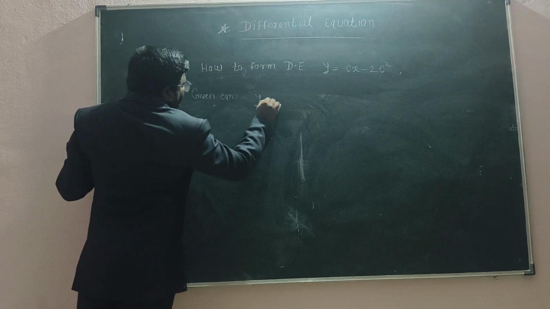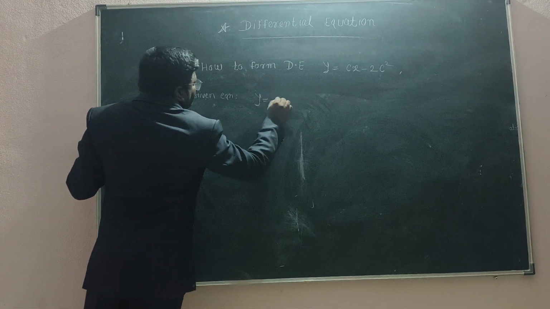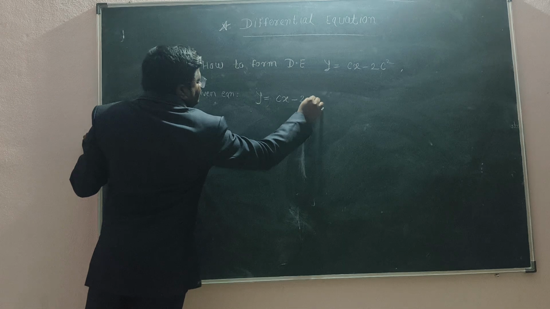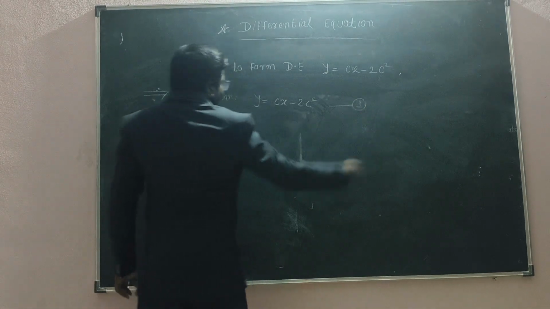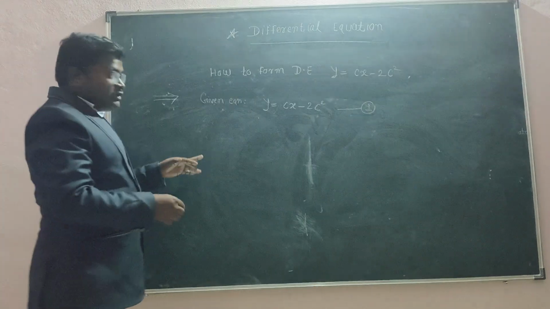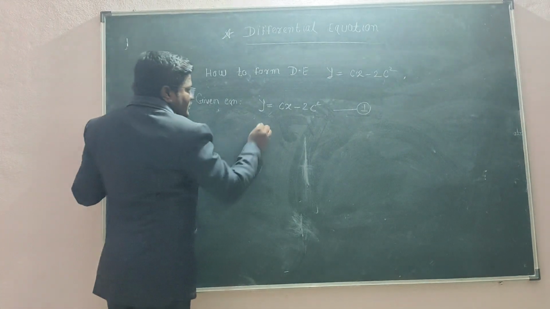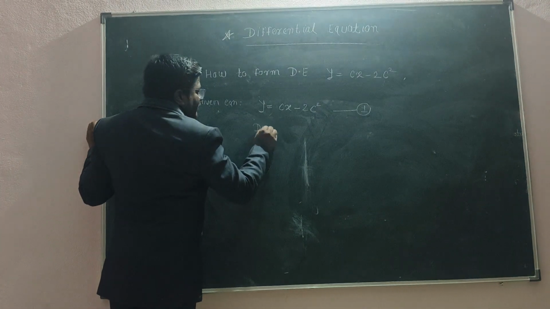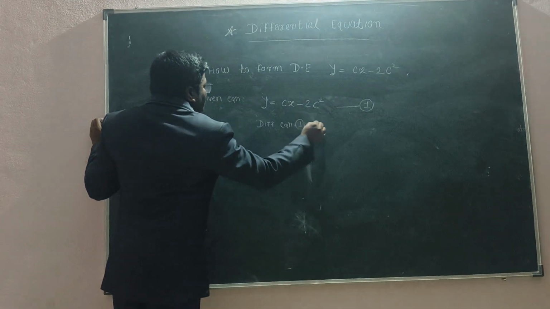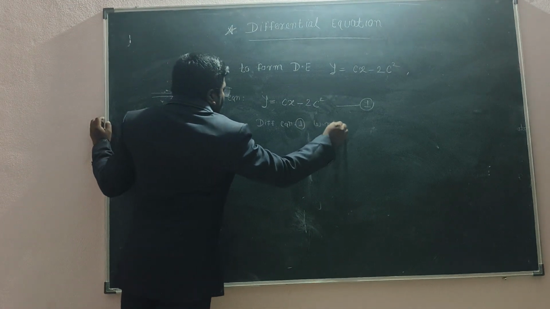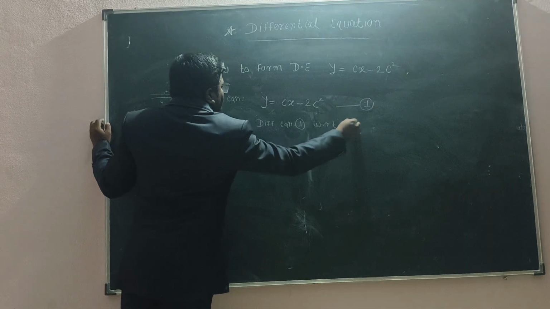So y is equal to cx minus 2c square, we take this as equation number 1. Differentiate equation number 1 with respect to x.